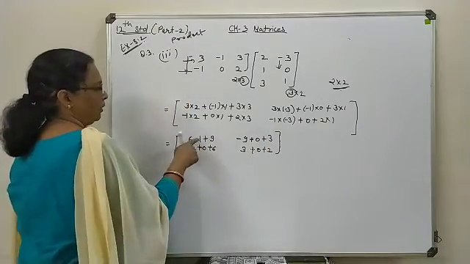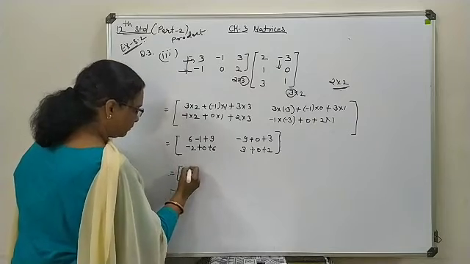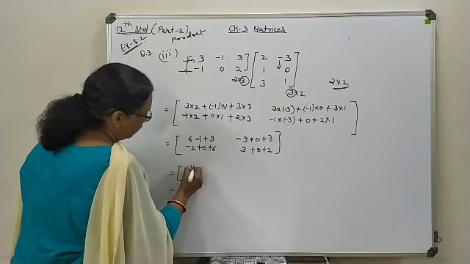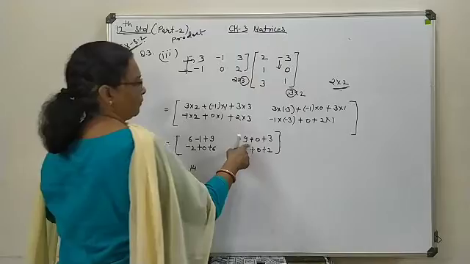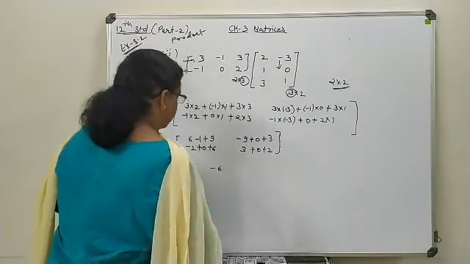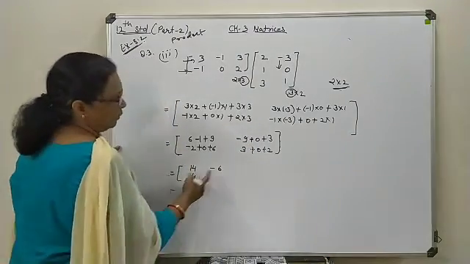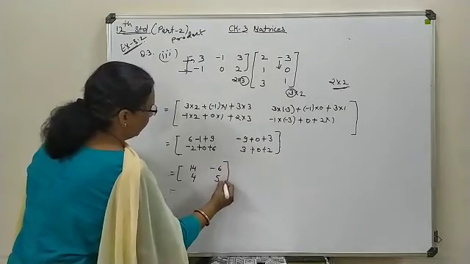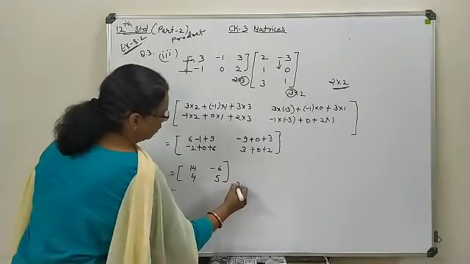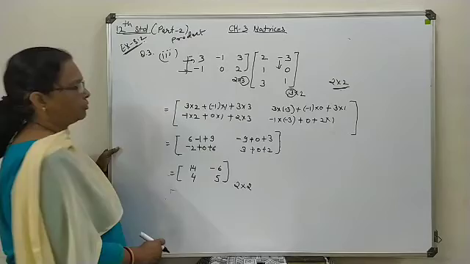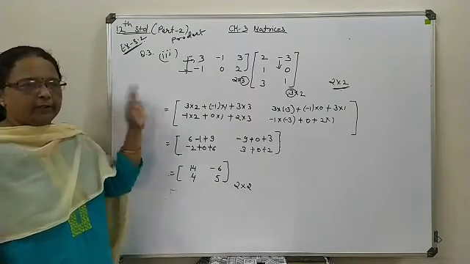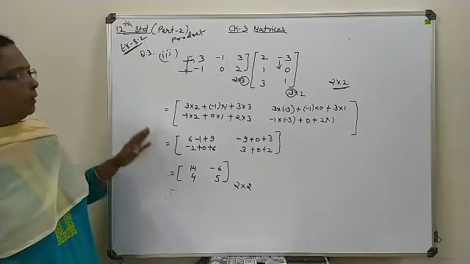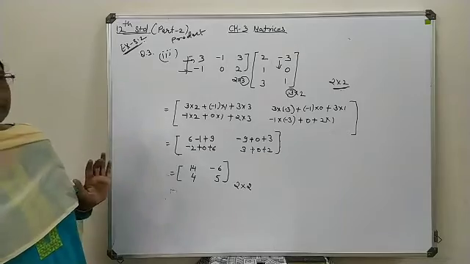This will give you 14, minus 6, plus 4 and 5. You can see this is carrying order 2 by 2. So this way you can handle different types of combinations for the product form.